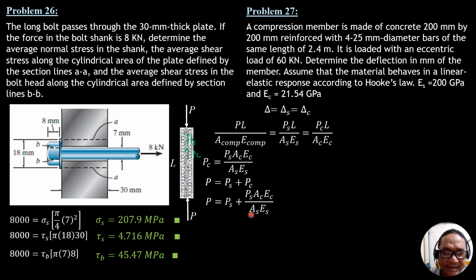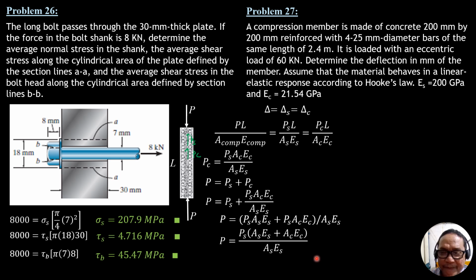So if we cross multiply, we have P equals P sub S, area S, E sub S plus P sub S, area sub C, E sub C, all over area S, E sub S. So factoring out P sub S, then we have P equals P sub S, quantity area S, E sub S plus area sub C, E sub C, over area S, E sub S. Then we substitute it into this formula here.